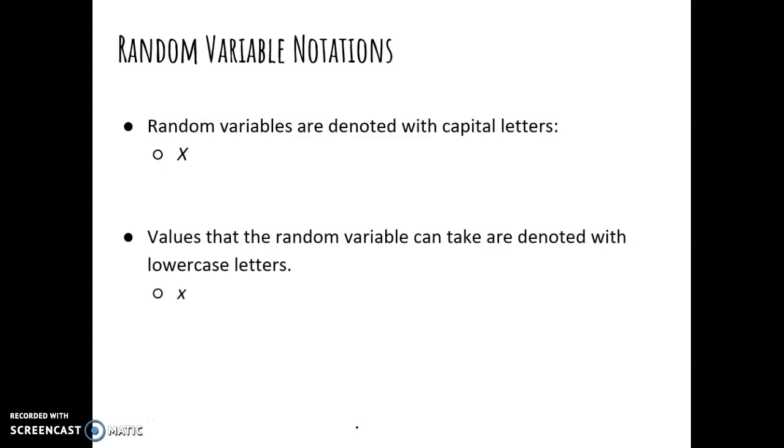So when we want to know what's the probability that you're going to flip a coin 10 times and it comes up heads 9 times, you would write it as the probability of x equals 9, with 9 in the parentheses. In this case, we're using the lowercase x because that x represents all the values that the random variable can take on.